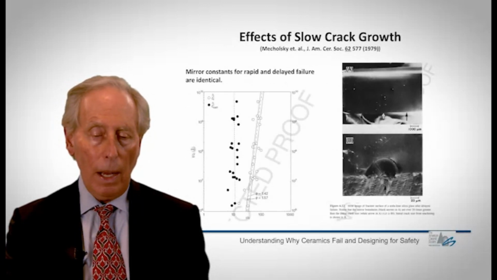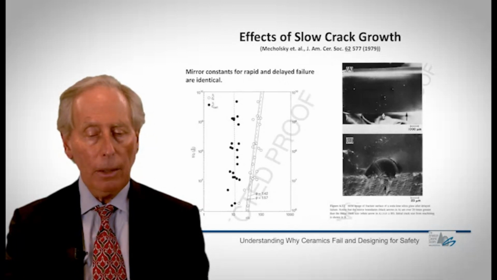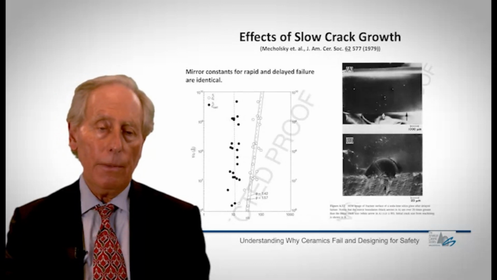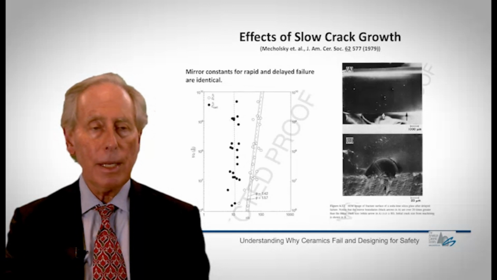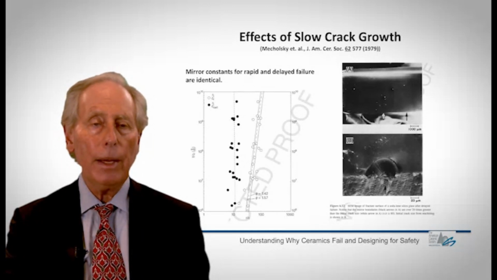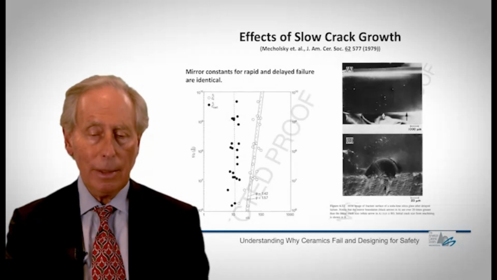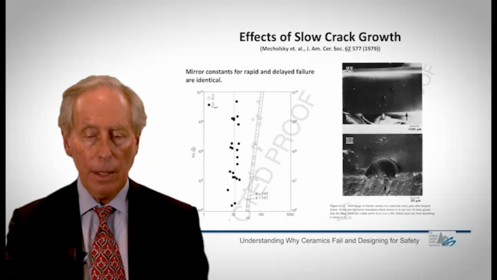So whether the part failed instantaneously or failed after a period of time under load, the mirror constant stayed the same. So if I have a part that fails after 6 months in use, I can tell what stress it was under, even though failure did not occur immediately upon application of the stress. And that can be particularly important for analysis of undesired failures in the field.